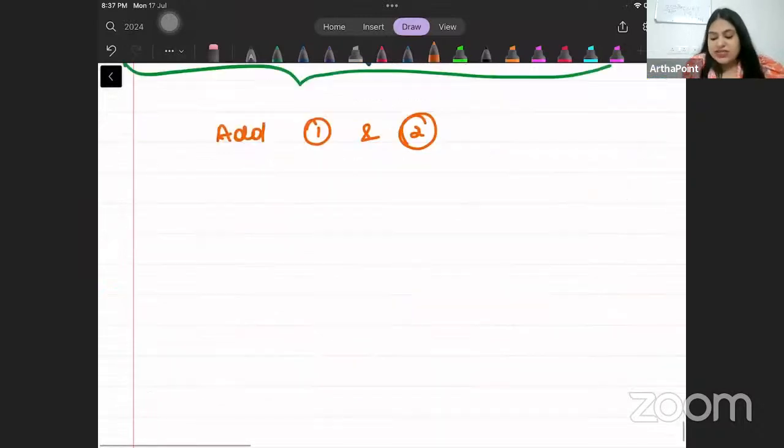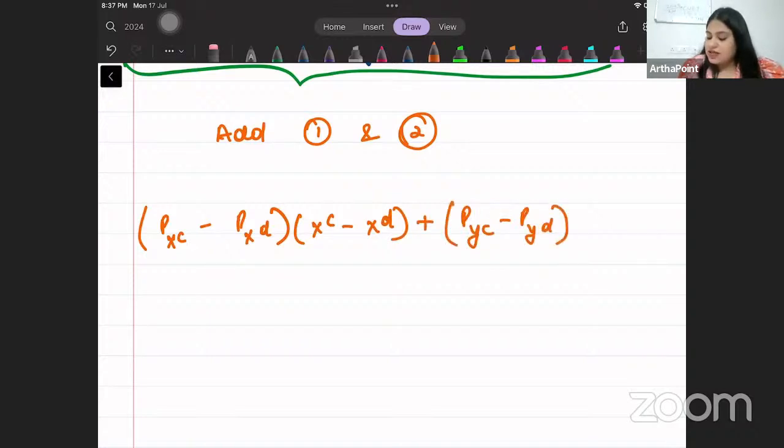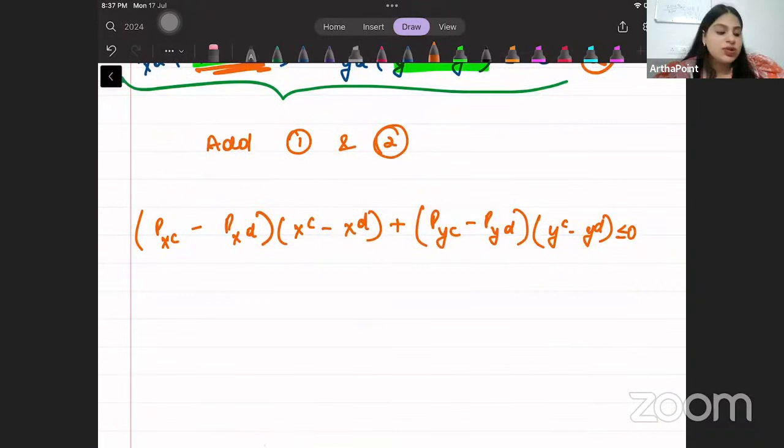I will get PXC minus PXD, XC minus XD plus PYC minus PYD, YC minus YD less than or equal to 0. This is what you will get by adding the two equations together. Okay. Please revise this today itself. This is very difficult. Slutsky is one of the toughest chapters. It is very important to revise it on the same day. So you will get this equation.